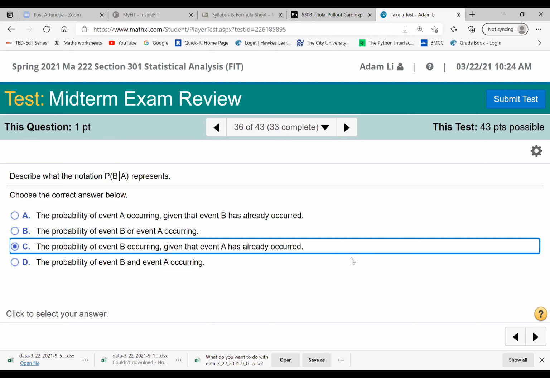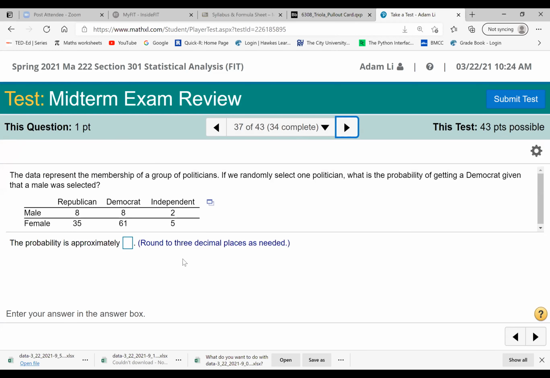So C is the correct answer. And this is exactly the definition of the conditional probability. So the given condition is event A occurred, and what happened to event B? So this is question 36.